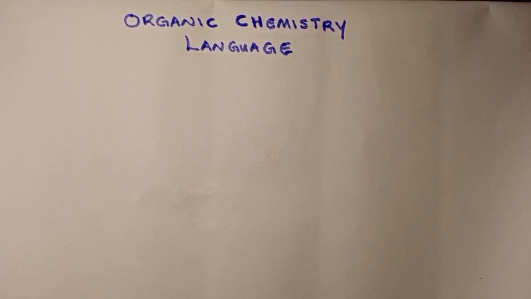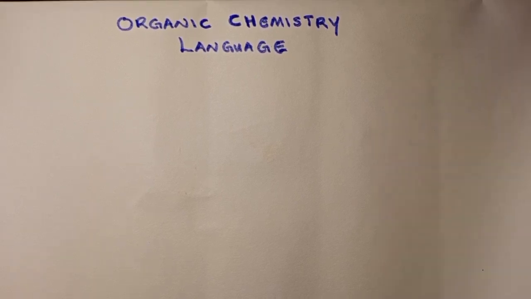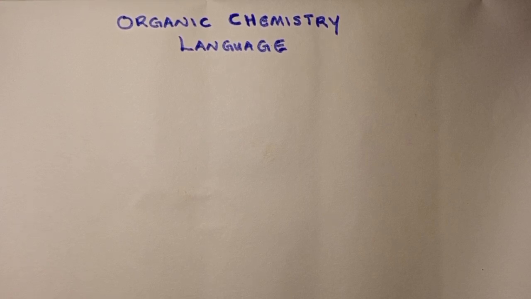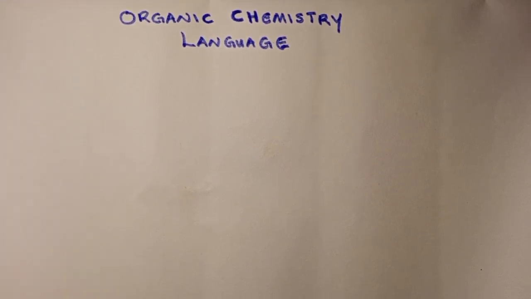So now what we are going to do is talk about the language of organic chemistry and how we can understand this language and apply it, making it so simple for us. I'm going to write one word here and explain what that word actually means.